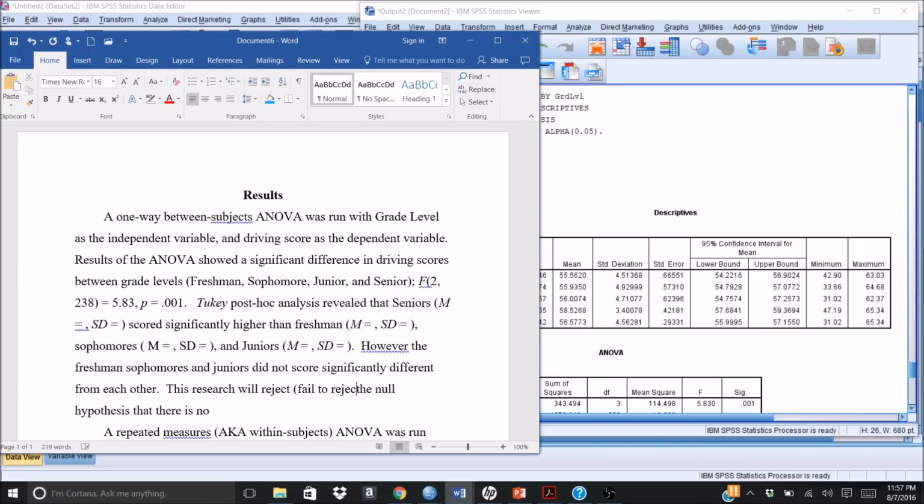And again, we would reject the null hypothesis that there is no difference in driving scores based on grade level. Gotta italicize my abbreviations.